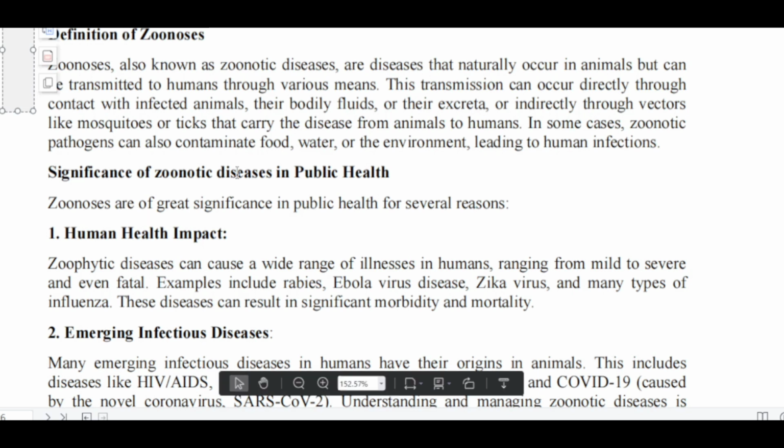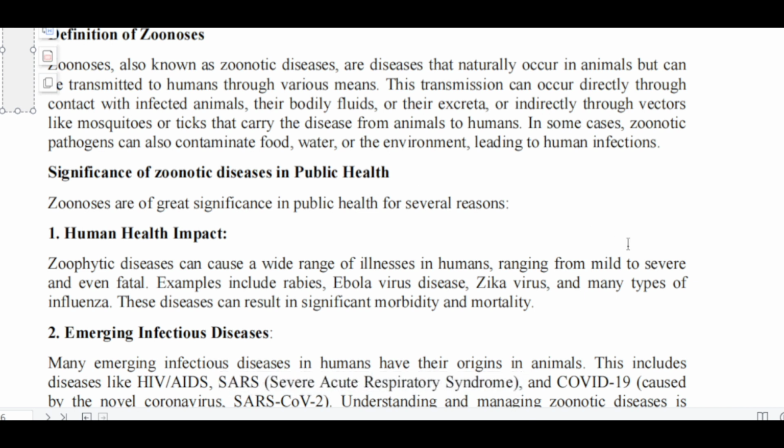So what is the significance of zoonotic diseases in public health? First, the human health impact. Zoonotic diseases cause a wide range of illnesses in humans, ranging from mild to severe to even fatal ones.